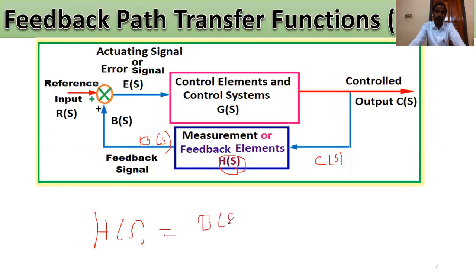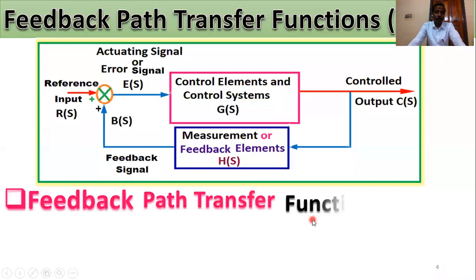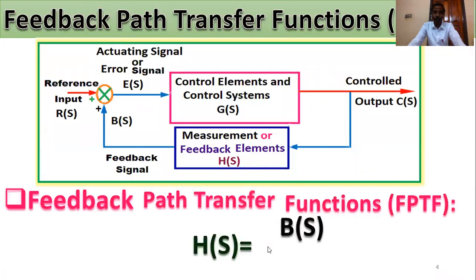By the transfer function definition, it is the Laplace transform of output, that means B of S, divided by the Laplace transform of input, with all initial conditions zero. In this case, B of S equals H of S into C of S, the primary feedback signal. So the feedback path transfer function H of S equals B of S by C of S.